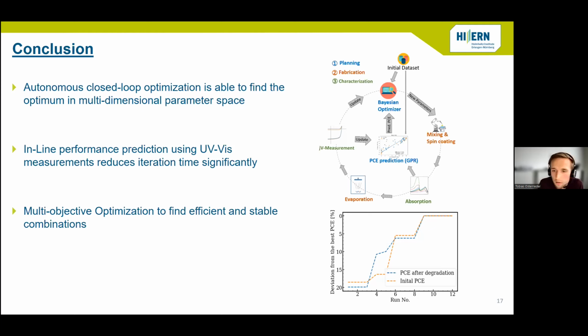And for the future, multi-objective optimization is also very interesting. So we can find not just efficient, but also stable solar cells, or maybe also cells that are really easy to fabricate, or cheap, or something like that.